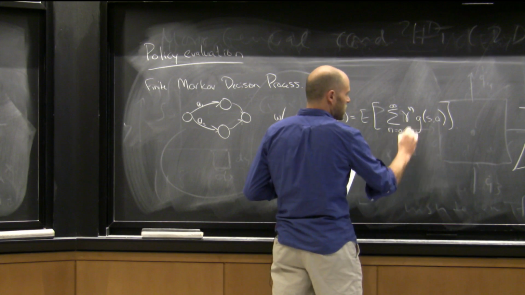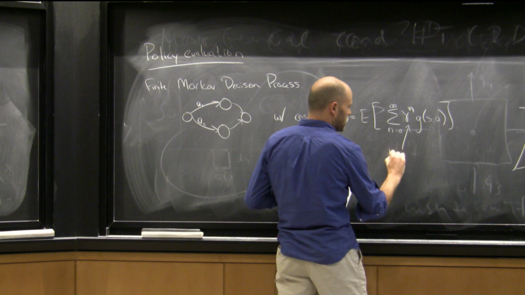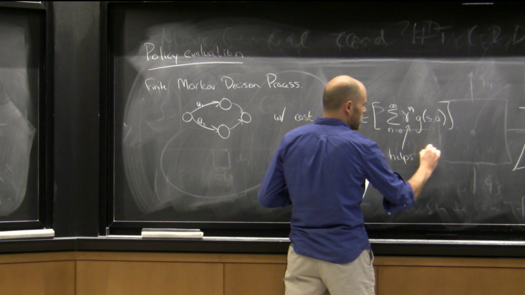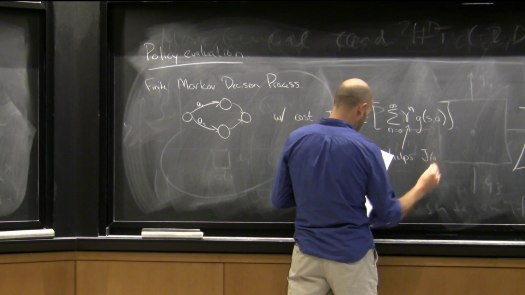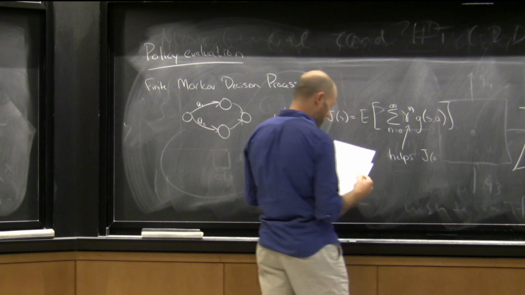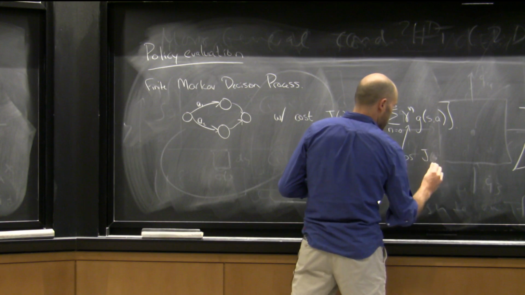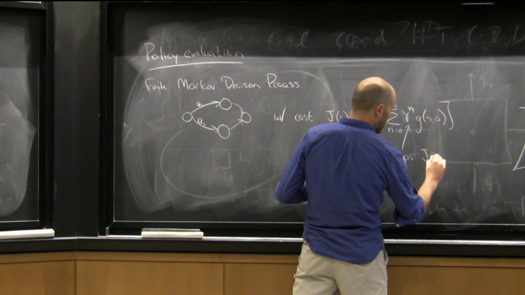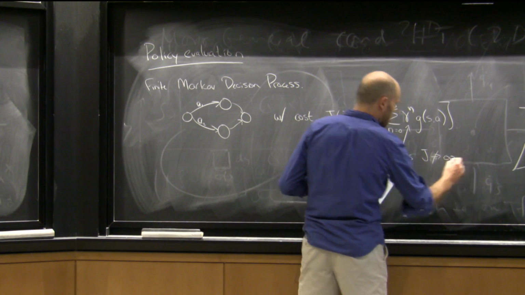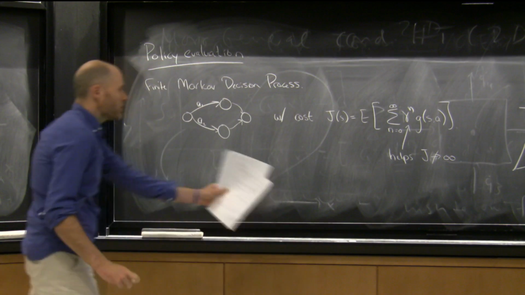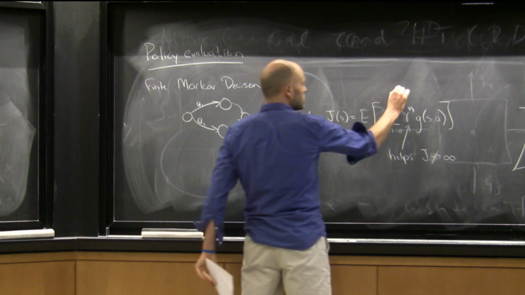This helps avoid J going to infinity as n goes to infinity. Gamma is always between 0 and 1.